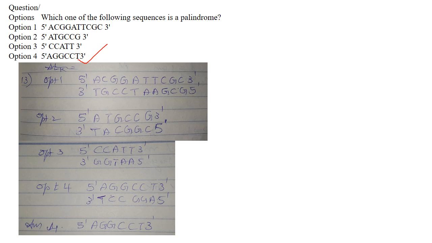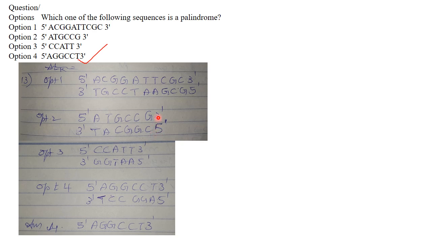So here if you see, you have got ACGGATTCGC. Now if you read it in this direction, that is from 5' to 3' direction for the second strand or the complementary strand, you will see that it is GCGAATC, which is not at all identical to the first strand sequence.